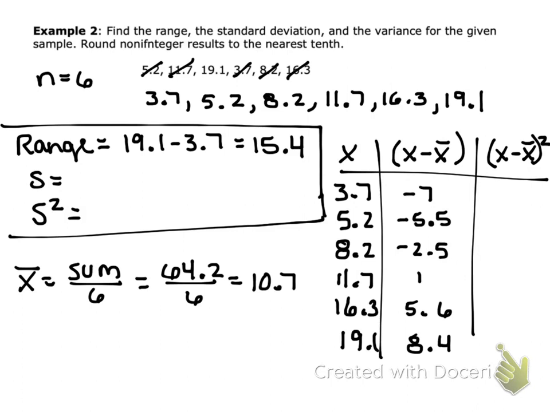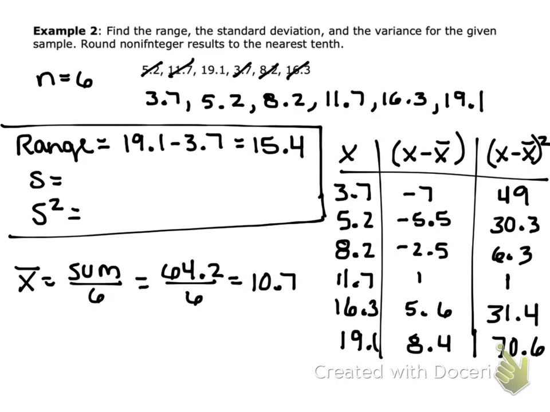And then I'm going to square each of those. So that would give me 49, 30.3, 6.3, 1, 31.4, and 70.6.